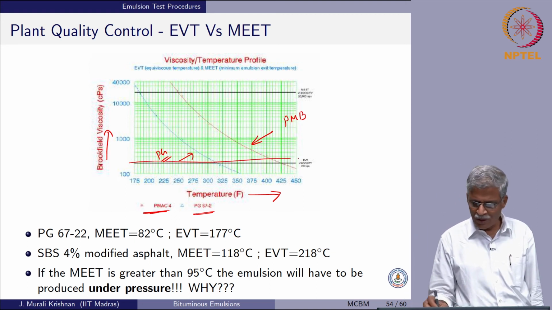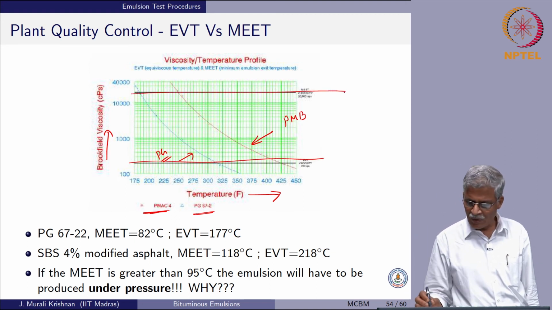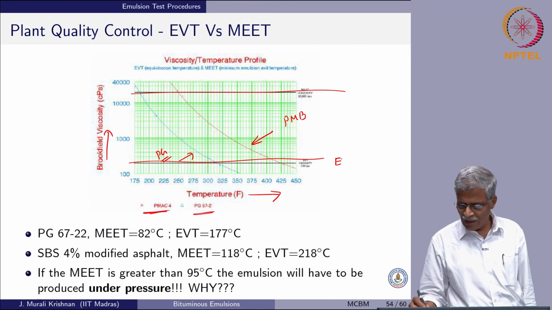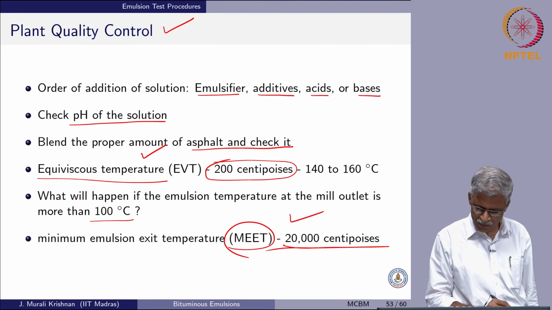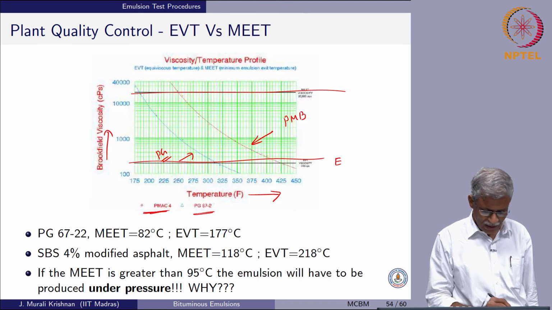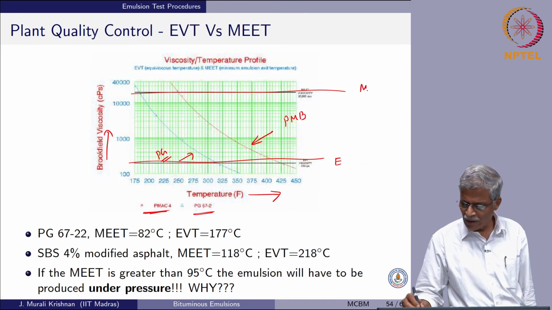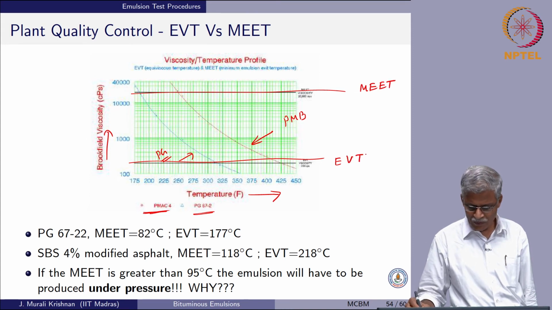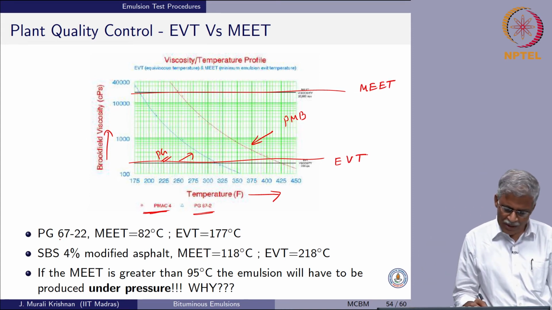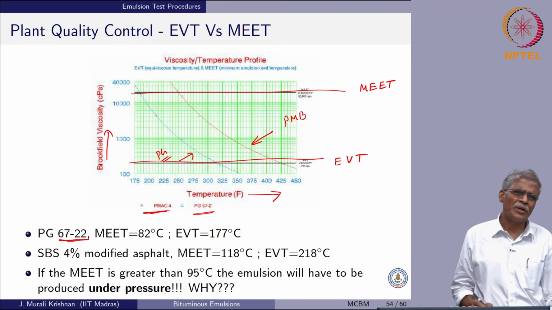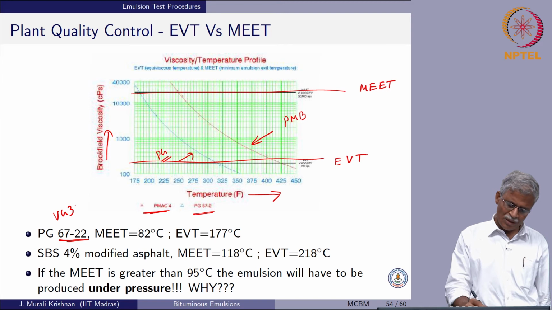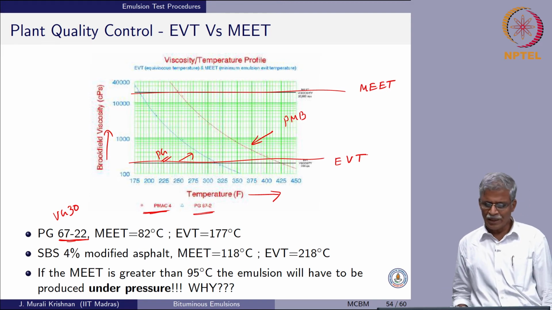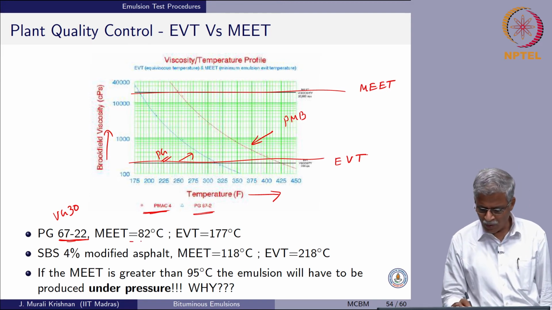So, you can actually draw the line here, what is the EVT, emulsion exit temperature. Okay. So, if it is a PG 67-22, we can think of it, in Indian parlance, like a PG 30 binder.